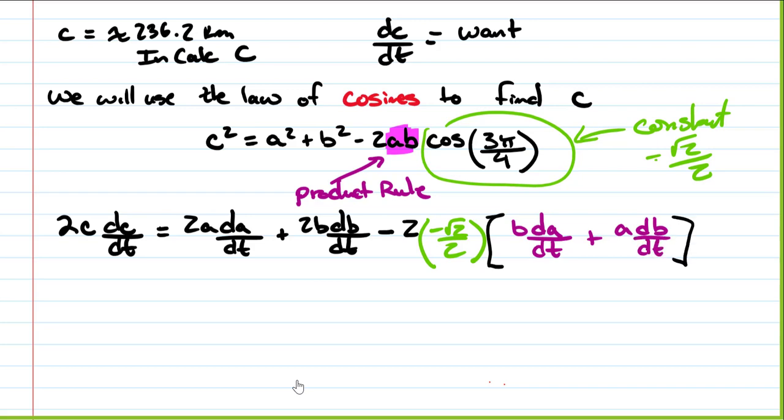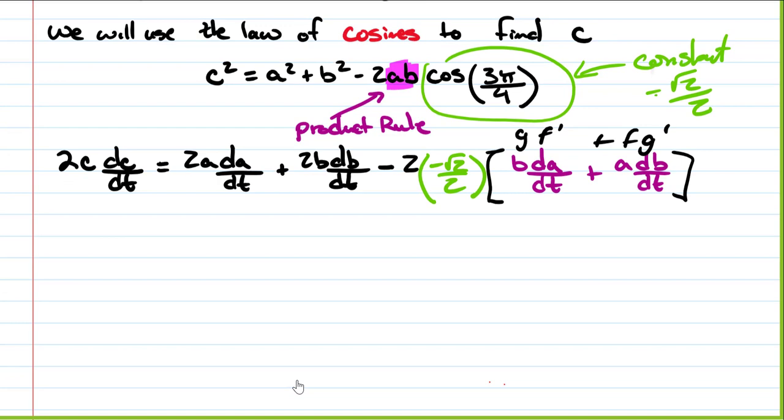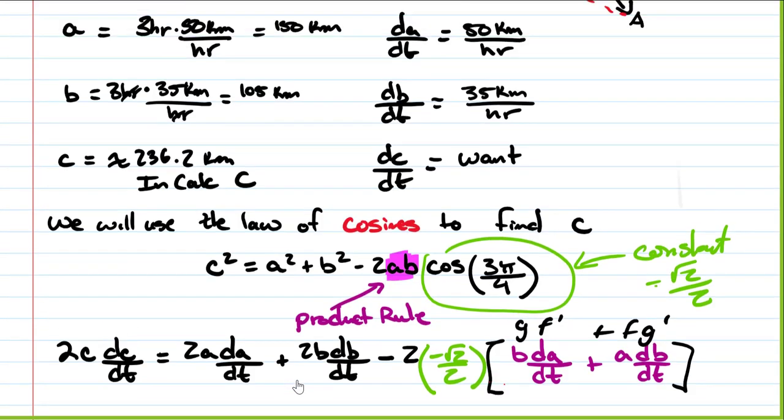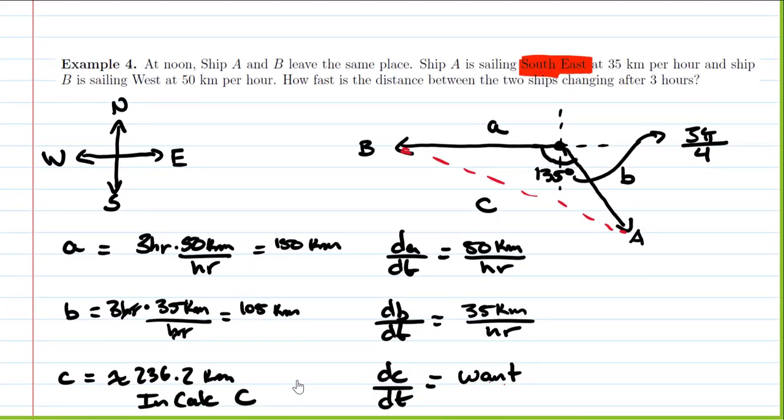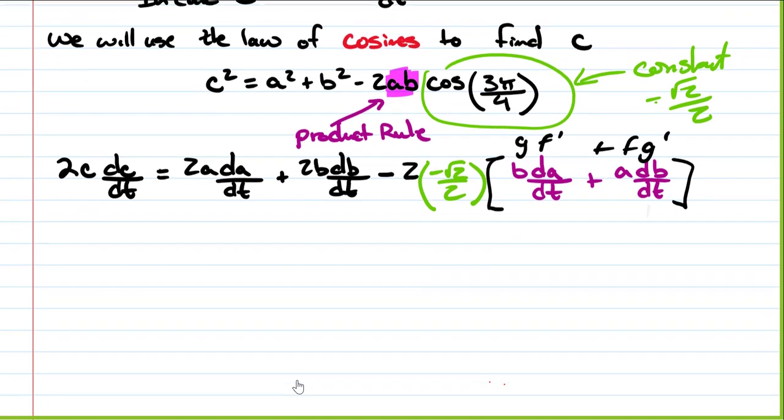And that's just g f prime plus f g prime, where a is f and b is g, right? That's our product rule. So we've taken our derivative. What is it we're trying to find? We want dc/dt, right?